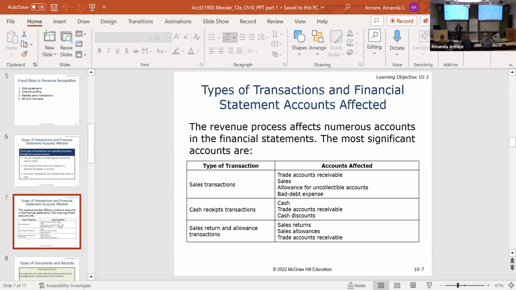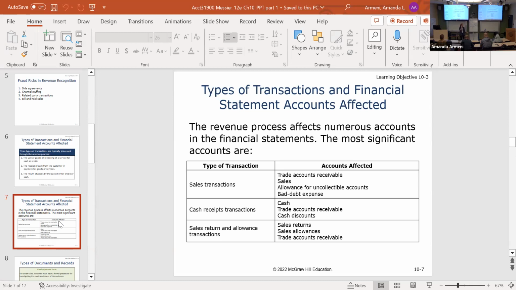Okay, so our revenue process is impacting all of these financial statement accounts. Now, when they say trade accounts receivable, what they mean is the everyday accounts receivable that you're used to making entries for in your journal when you're in financial accounting.